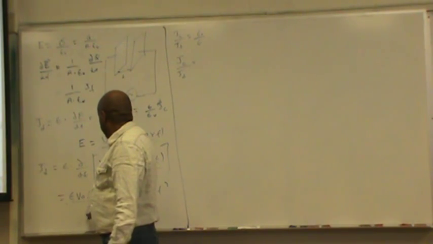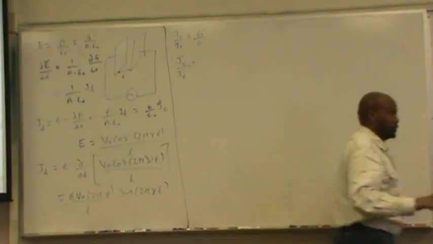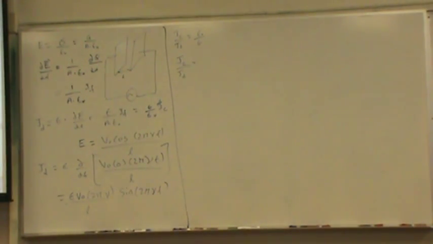So JC over JD, from this result, what you find is, first let's express the conduction current. This is what we call the free current, which is the conduction current.